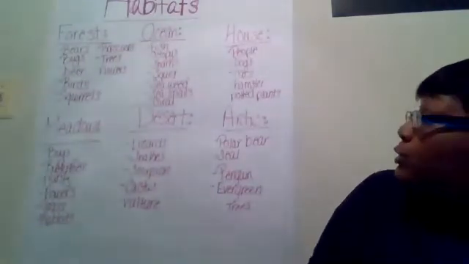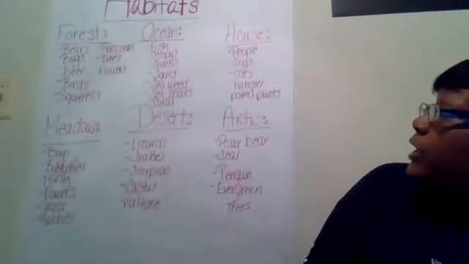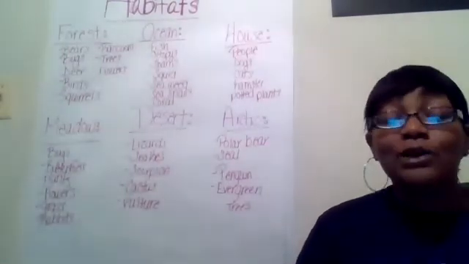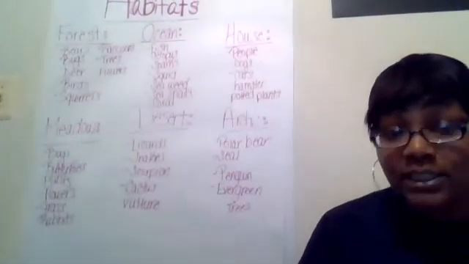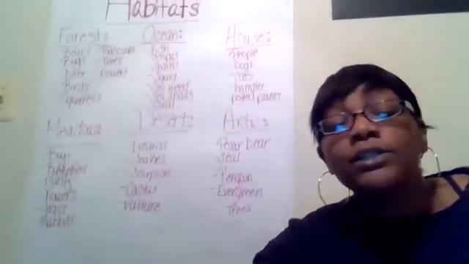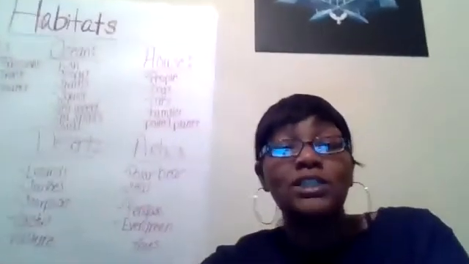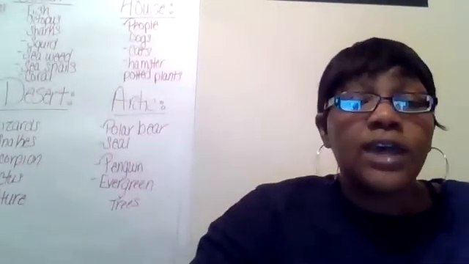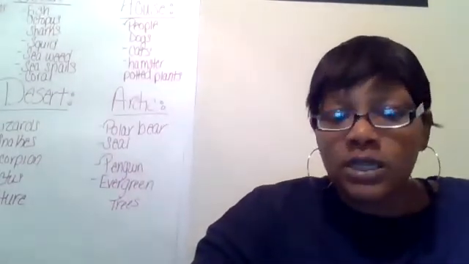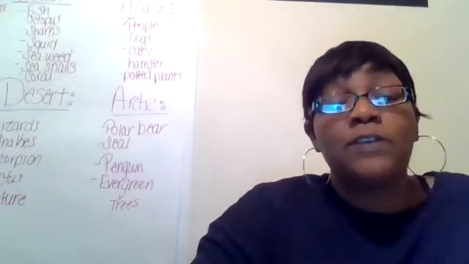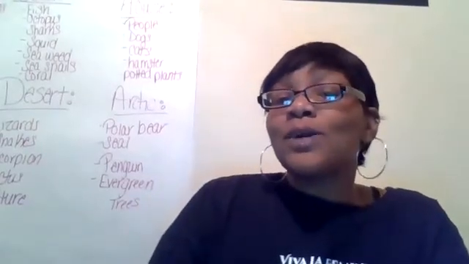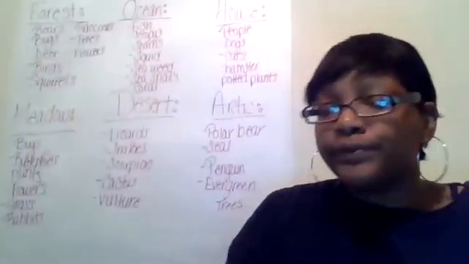In the ocean, you have fish and you have sharks. Obviously, the sharks are going to eat the fish, so it's not like they are going to live in the exact same place as a shark. So habitats do not just consist of one or two animals. They are these vast things that hold so many different types of organisms, so many different types of animals and plants.